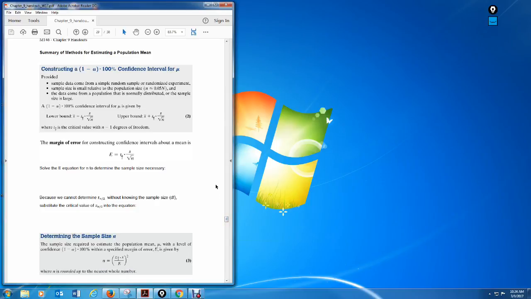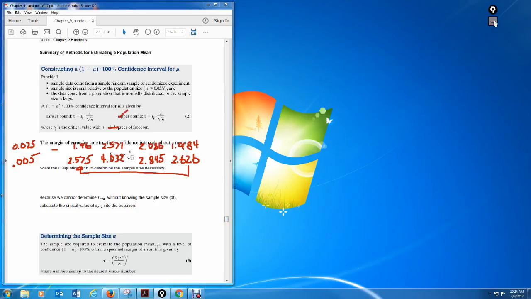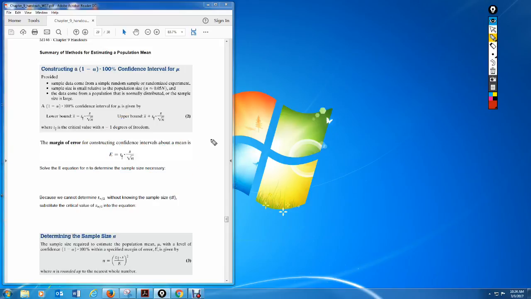All right, so let me just summarize the methods for estimating a population mean. So first of all, these are the requirements right here, these 3 bullets, to use this method. Your sample data need to come from a simple random sample or some random experiment.